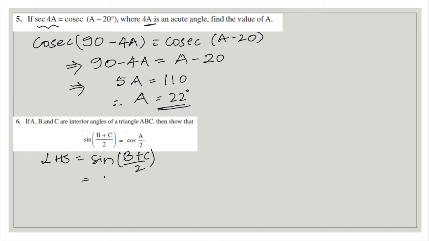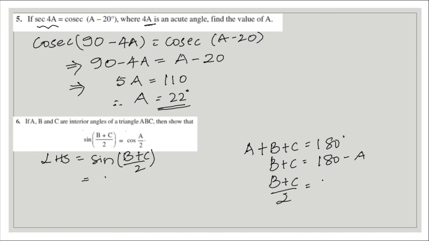Instead of using the complementary relation, let me consider the sum of the angles is 180 degree. So angle B plus C will become 180 minus angle A. So (B plus C) by 2, if you consider, is 90 degree minus A by 2. So I'll write this as sine of 90 degree minus A by 2.